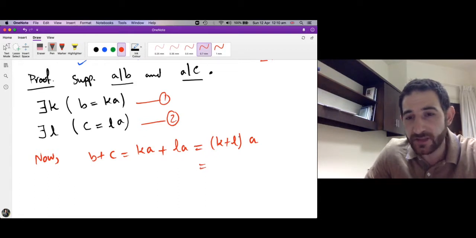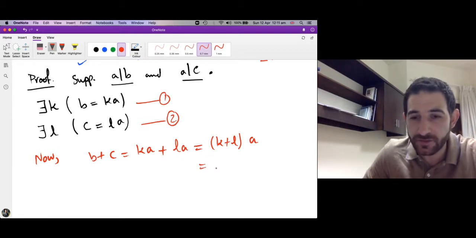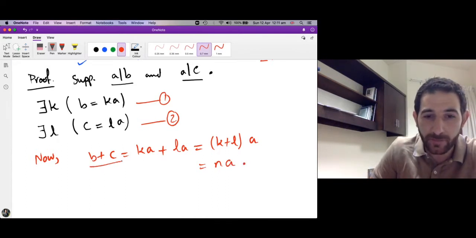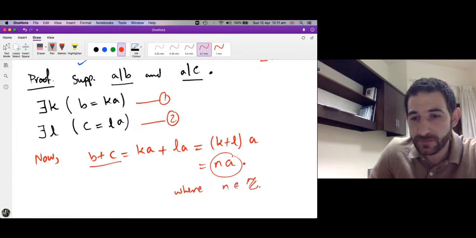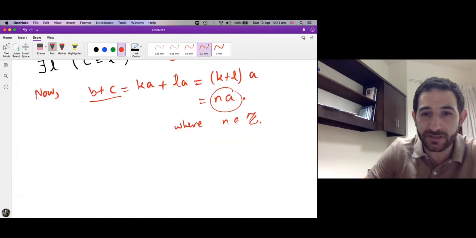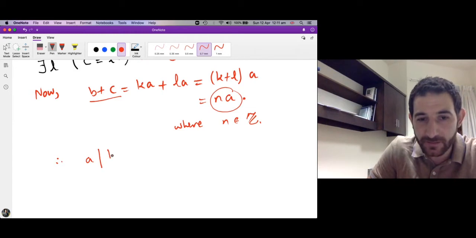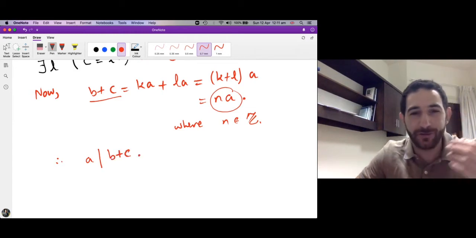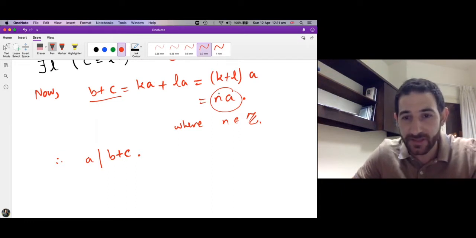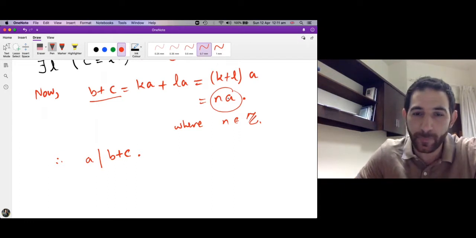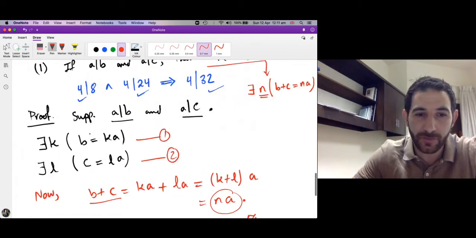Since k is an integer and l is an integer, their sum is also an integer, let's call it n, and so we proved that b plus c is equal to na, where n is an integer. So this means we conclude that a divides b plus c, again because a divides b plus c means that b plus c is an integer times a. Okay, so this is the first property.